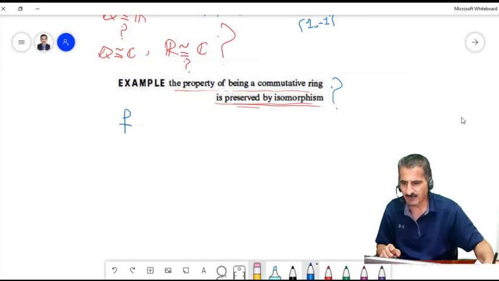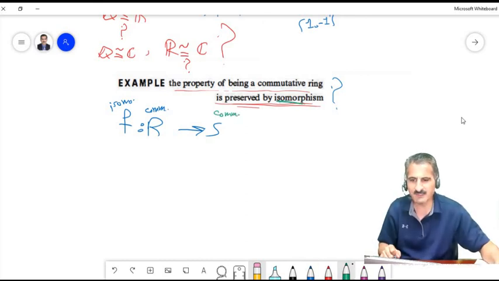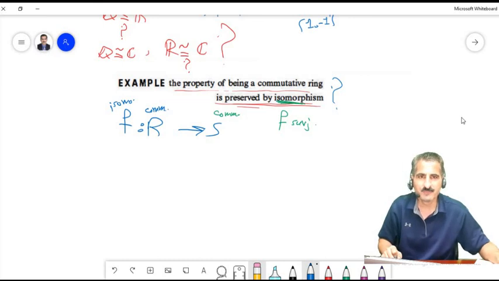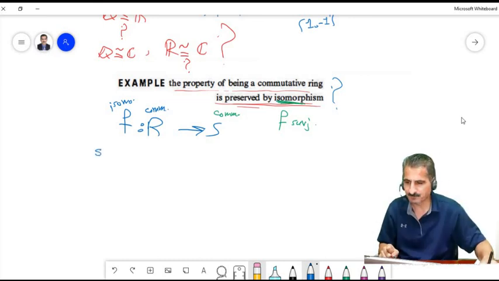Now, if we assume that we have an isomorphism f from R to S, and R is commutative, we want to conclude that S must also be commutative. Since f is an isomorphism, it is surjective.